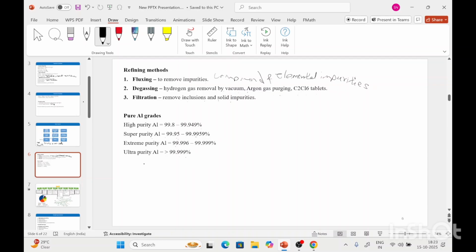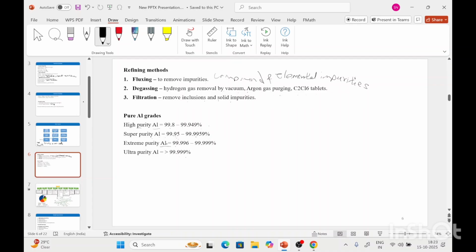So there are four types of aluminum grades which are obtained from this extraction and refining process. So first is the high purity aluminum, which has 99.8 to 99.949% aluminum. Super purity aluminum has aluminum concentration from 99.95 to 99.9959%.